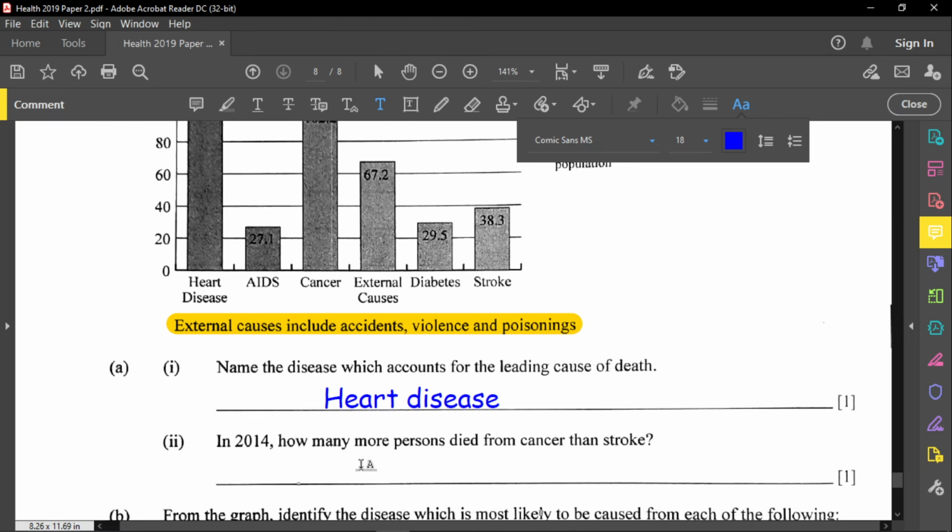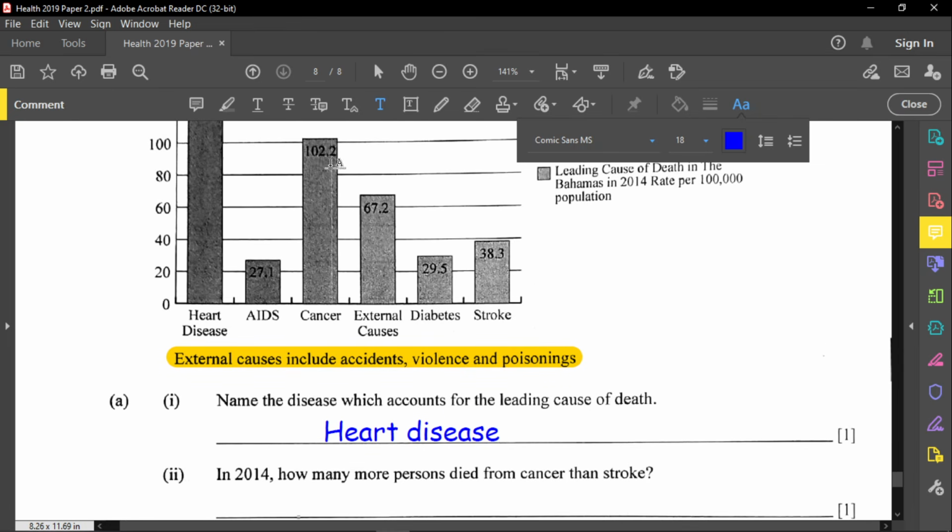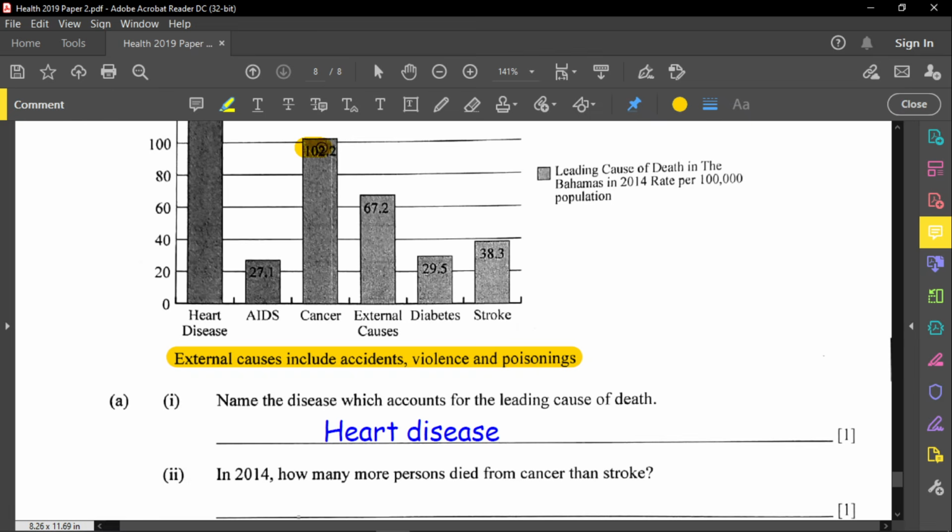In 2014, how many more persons died from cancer than stroke? So let's go to the numbers for cancer and stroke. We have 102.2 for cancer right here, so just note that number. And for stroke, it is 38.3. So we're going to find the difference between 102.2 and 38.3.